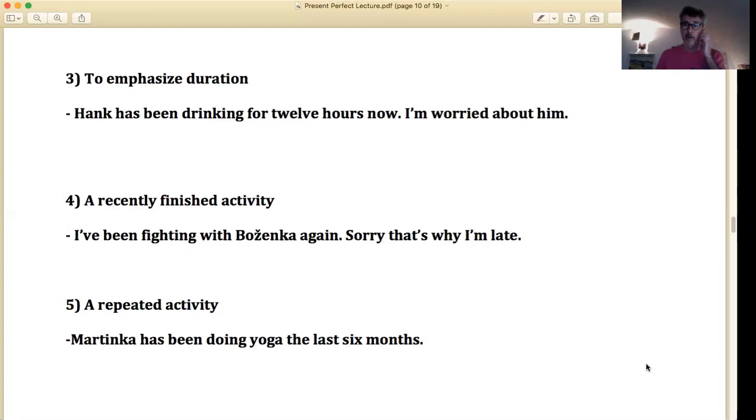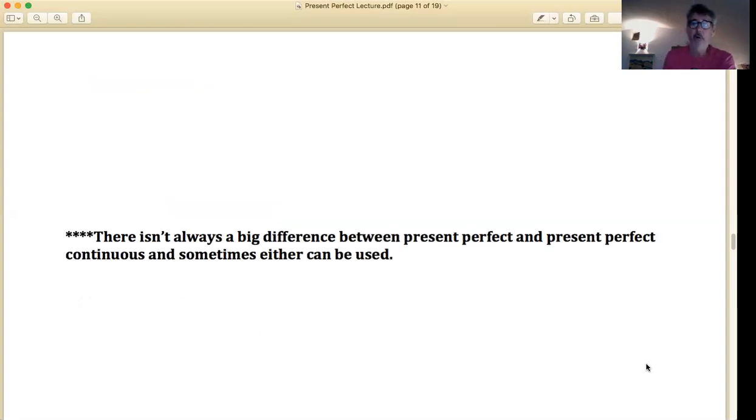She started back there. And this brings me to another point, which might be helpful: there isn't always a big difference between present perfect and present perfect continuous. Sometimes you can choose which one you want to use. So I always use the example of I have lived in Litoměřice for 5 years, and I've been living in Litoměřice for 5 years.